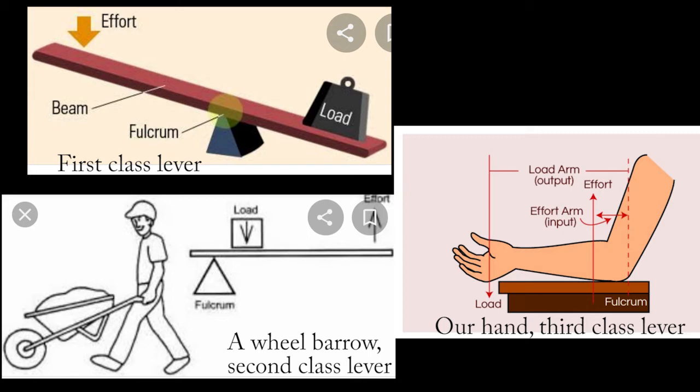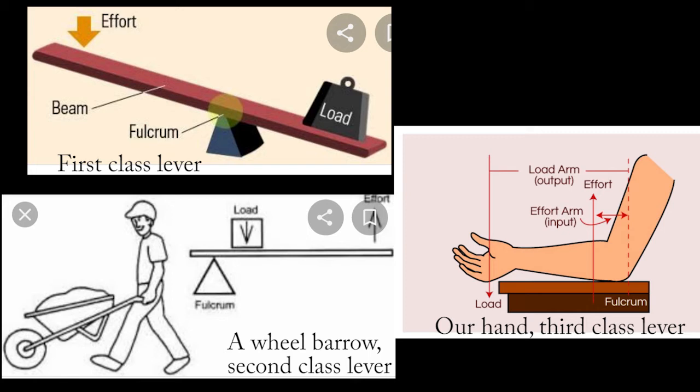And these are: number 1, first class lever, where fulcrum is situated in between effort and resistance, like scissors, claw hammer, weighing machine, that means weighing balance, etc.